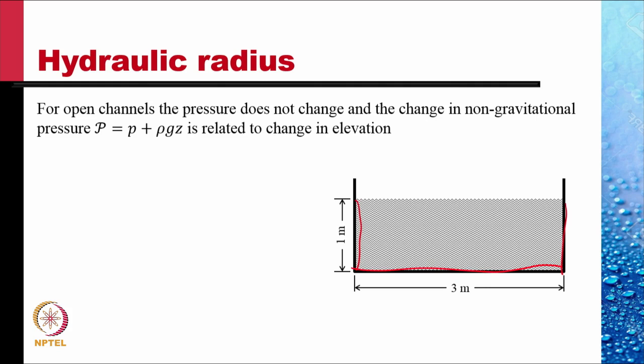And the area of the flow is 3 into 1, 3 meters squared. So we can calculate the hydraulic diameter as 4A by wetted perimeter and treat this as a closed pipe of that diameter.